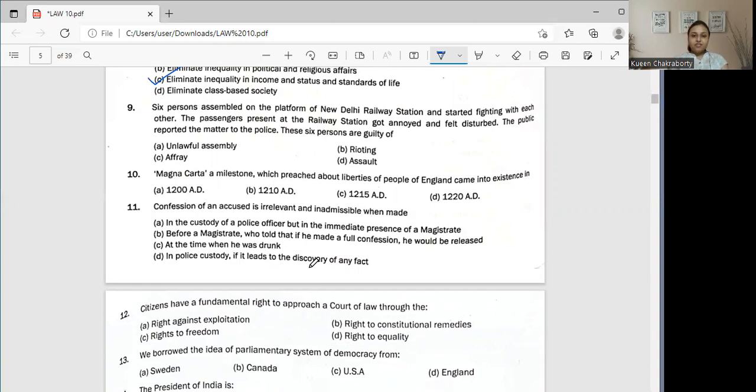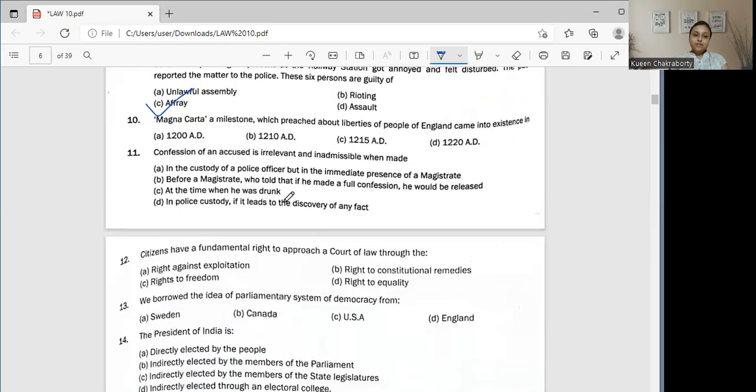These six persons are guilty of unlawful assembly, rioting, affray, or assault. Which will be the correct answer? So the answer to question 9 is definitely C, affray. They were reported to be in affray. It was not unlawful assembly, not rioting, not assault, but affray. That is option C.